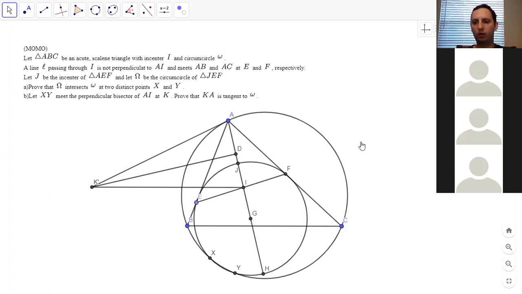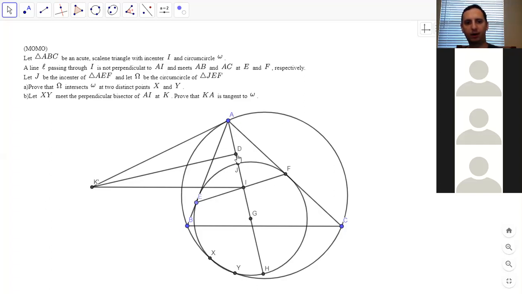Okay. So let's say G is the center of circle JEF, right? So D lies on the radical axis of JEF and the point circle I, right? So the line through D perpendicular to IG will be the radical axis of point circle I and circle JEF, right?